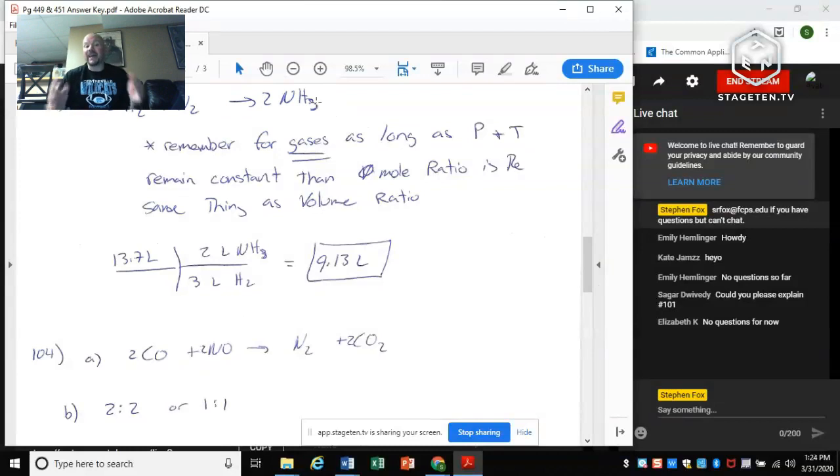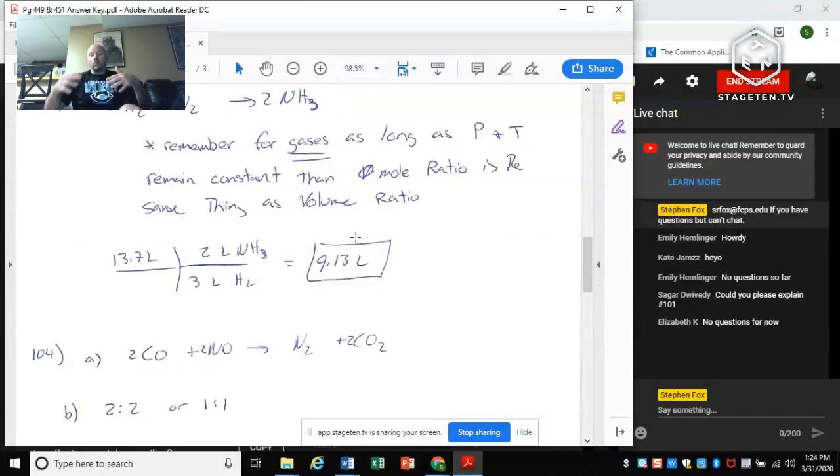They don't have to be at STP, they just have to be at the same temperature and same pressure. Okay, so it's 2 of these particles for every 3 of those particles, so that's their volume ratio, 2 liters of this for every 3 liters of that. And that's how you get that.